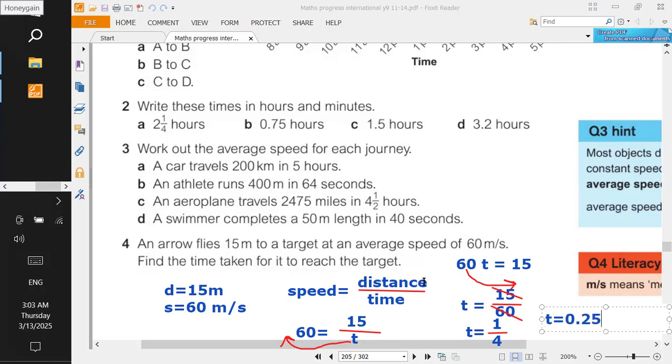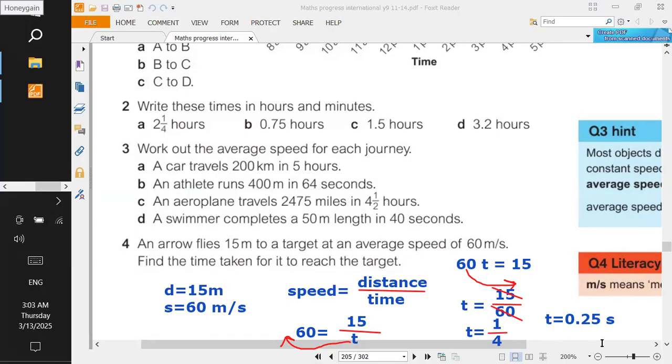And the time here is in seconds because the speed was in meters per second. This means that the answer should be in seconds. So t will equal 0.25 seconds because 1 divided by 4 is 0.25.